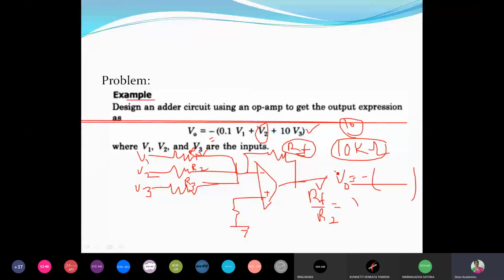If RF is equal to 10 kilo ohms, let R2 also be 10 kilo ohms. Then 10 kilo ohms by 10 kilo ohms gives you 1. So directly you can say the V2 coefficient is 1. So if you select the RF value as 10 kilo ohms, the R2 value also should be 10 kilo ohms.